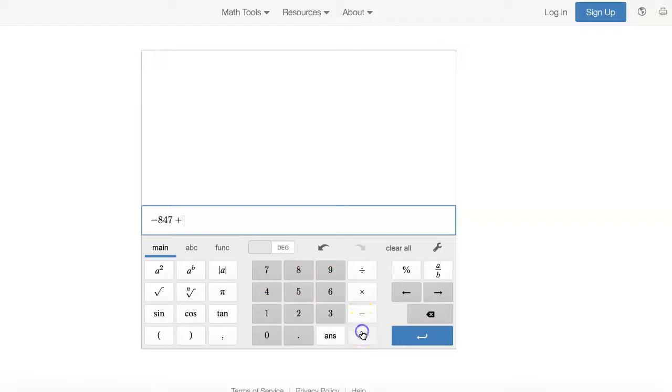If I add one copy of 360 degrees, you can see that I'm only at negative 487, and I need to be between 0 and 360. So I'm going to add another multiple of 360. Nope, still not between 0 and 360 yet, so I better add another multiple of 360. And now I can see that I have 233 degrees, which is between 0 and 360. So 233 is my answer.